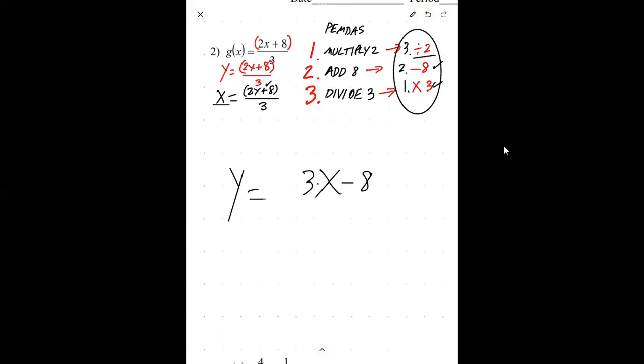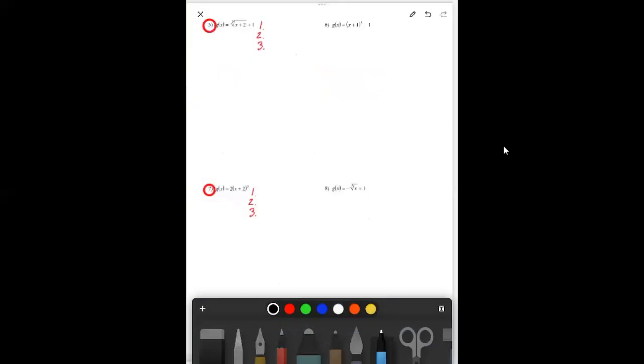And then we're going to divide by 2, the whole thing by 2. And that's the inverse. So all we have to do now is write the inverse notation. And we are done. That's it. That is the inverse. Pretty simple. Okay, now I'm going to do another example.